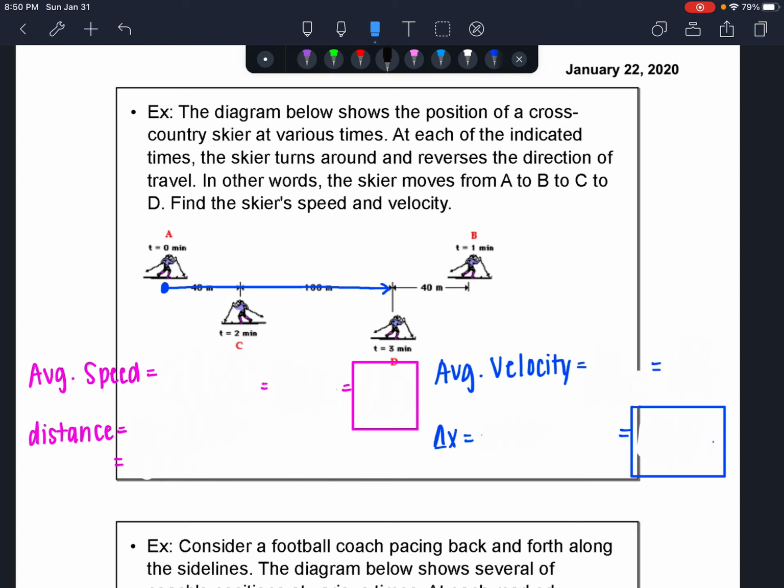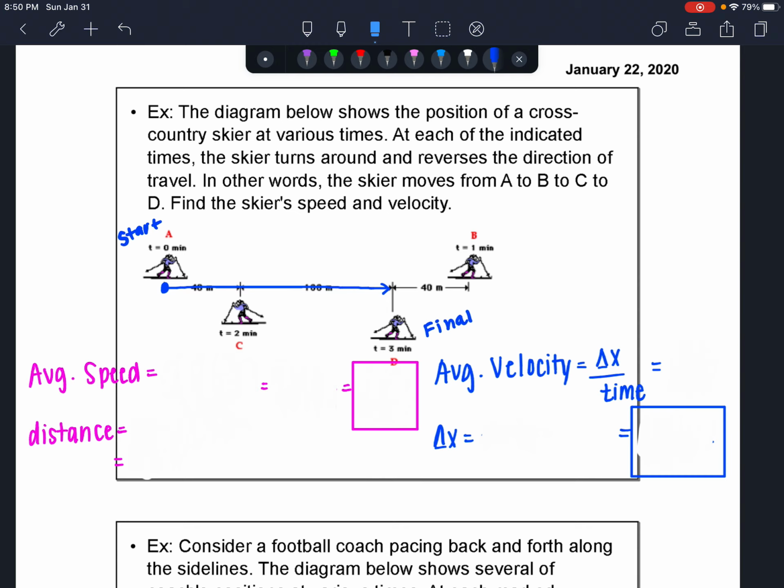So first of all, let's start with finding the skier's velocity. That's, in my mind, the easier thing to do, because it's very obvious that the skier starts at point A and ends, or in other words, its final position, is at point D. So my displacement divided by my time is going to get me my average velocity.